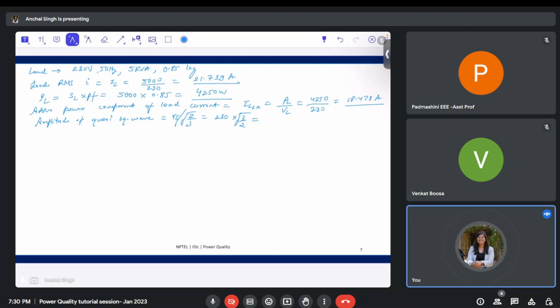This will come out to be 281.691 volts. So this is the peak amplitude of our quasi-square wave.